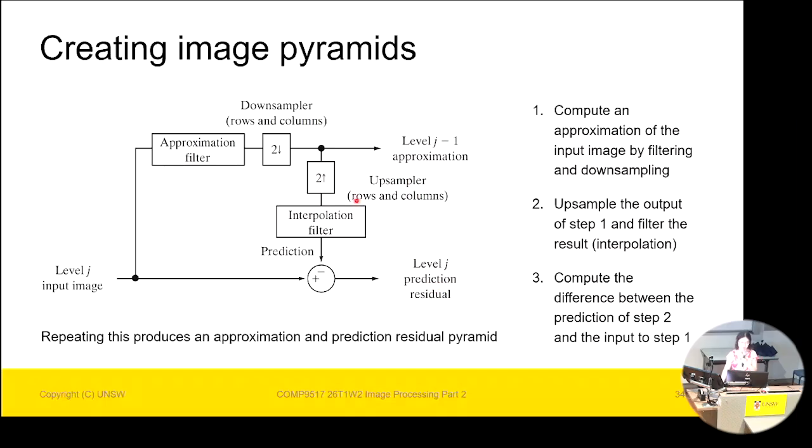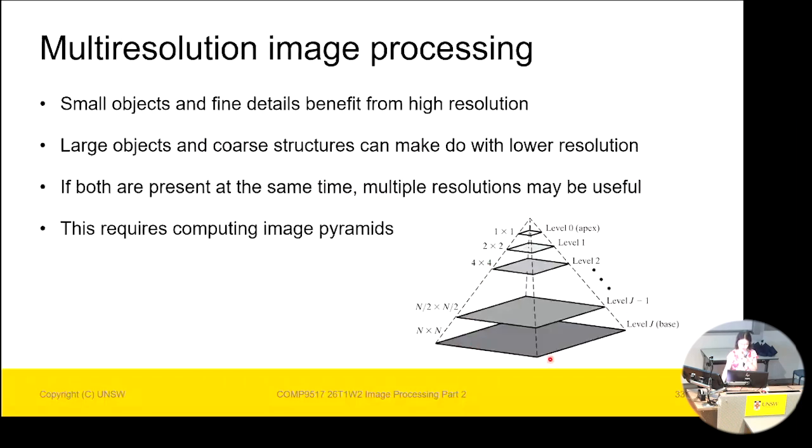If you keep repeating this, you are eventually representing this image with this pyramid, where the intermediate levels are showing you the residuals. Sometimes we like this kind of representation. The intermediate ones are the residuals, and the most upper level doesn't have to go down to 1 by 1.